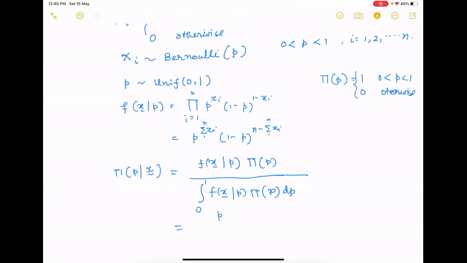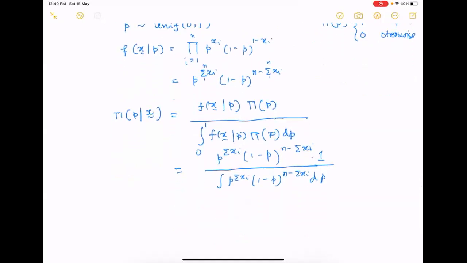The numerator is p to the power summation xi times 1 minus p to the power n minus summation xi, times 1, and the denominator is the integral of p to the power summation xi times 1 minus p to the power n minus summation xi dp.